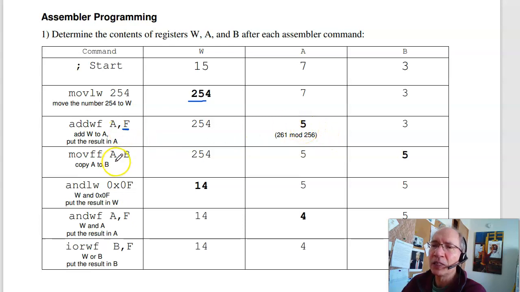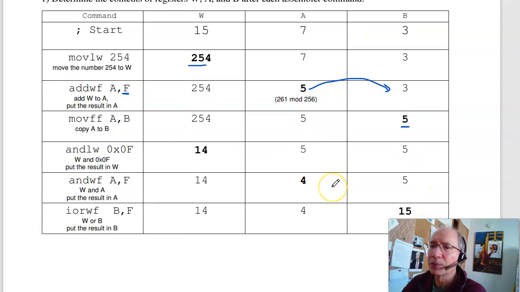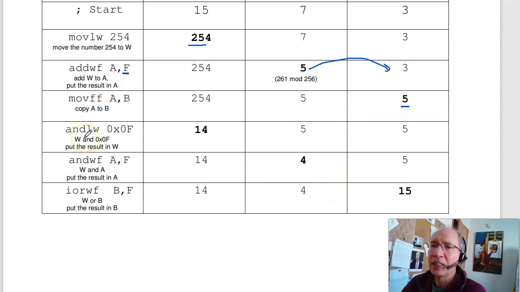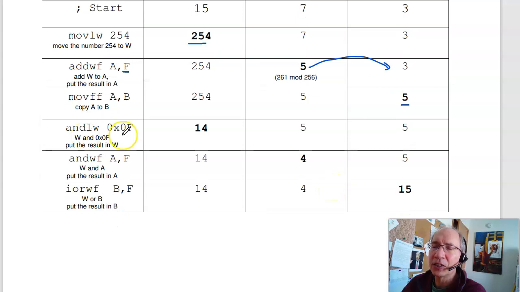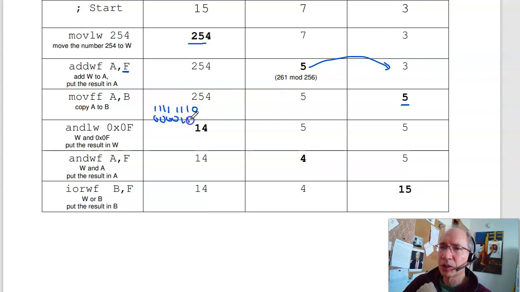I'll now take A, move it to B, so 5 gets copied over to B, and B becomes 5. I'll now do a logical AND of the literal 0F with W. So take 254, here's 254 in binary. I take the number 0F, which is 0000 1111, and do a logical AND.